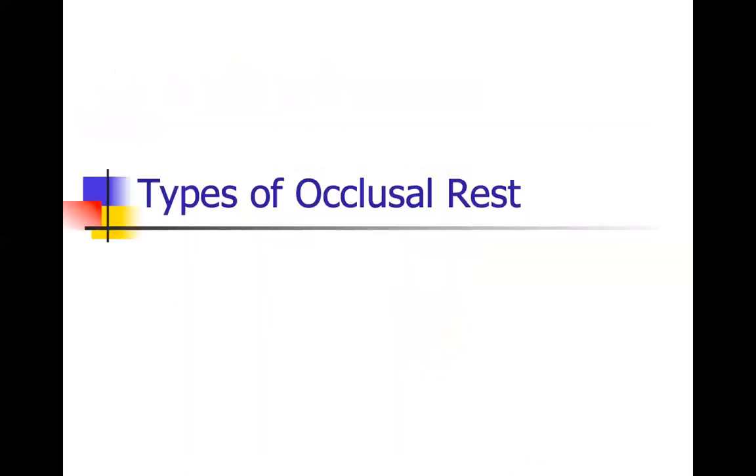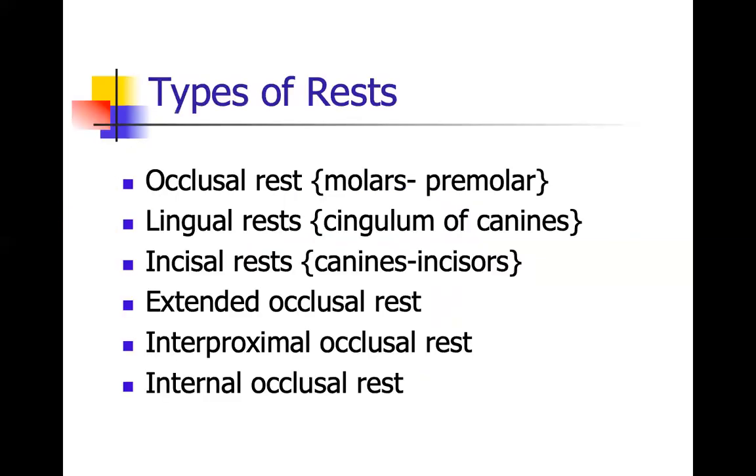There are different types of occlusal rest, which I will explain to you one by one. The first three, occlusal rest, lingual rest, and incisal rest, are named according to their position. Occlusal rests are usually placed on molars and premolars, lingual rests on the cingulum of canines, and incisal rests on the incisal edges of canines and incisors.